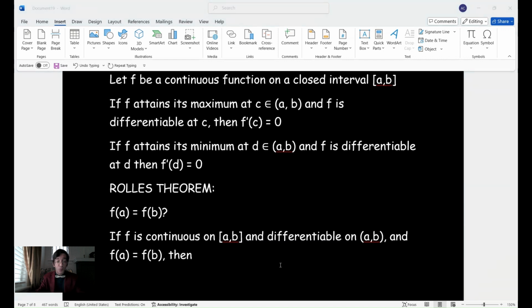So what happens with that? There exists c as an element of (a, b) such that f prime of c equals 0.